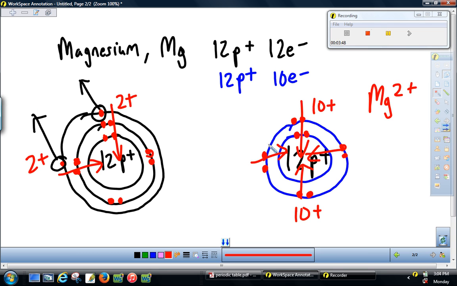Not only does it have 1 fewer shell, only 2 shells, which makes the electrons closer automatically, but it's pulling them in with over 5 times more force. And that results in an even smaller ion. So positive ions always are smaller than their neutral counterparts.